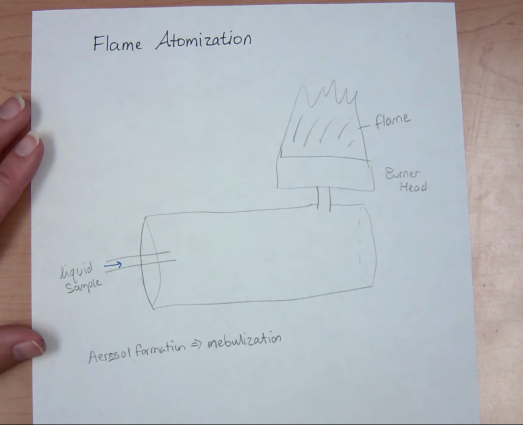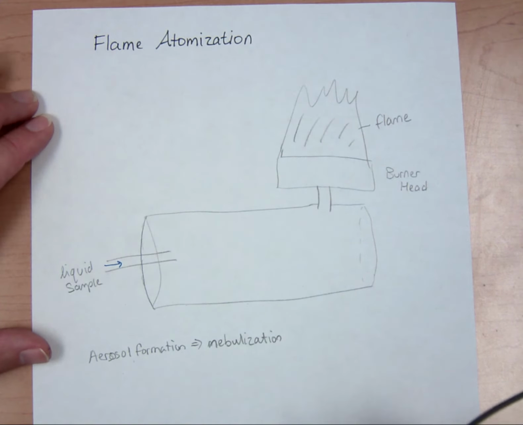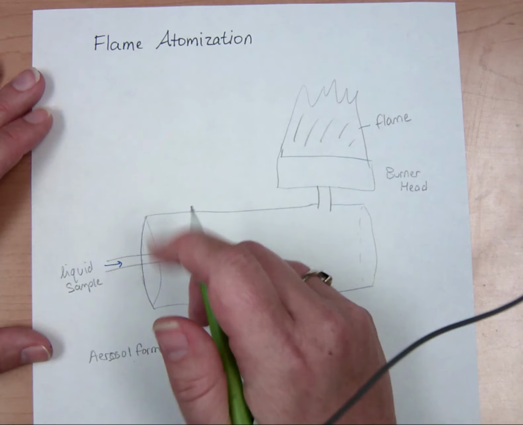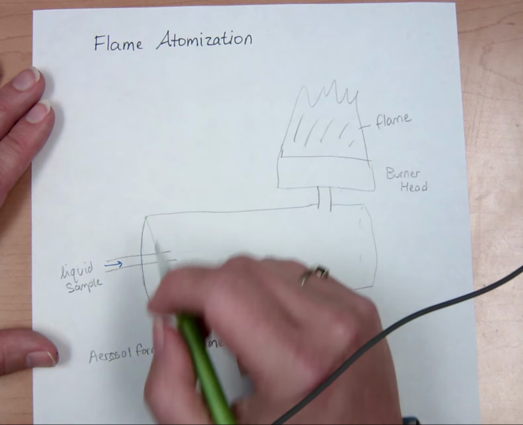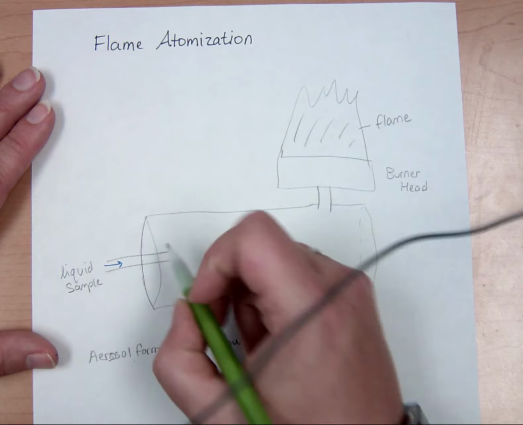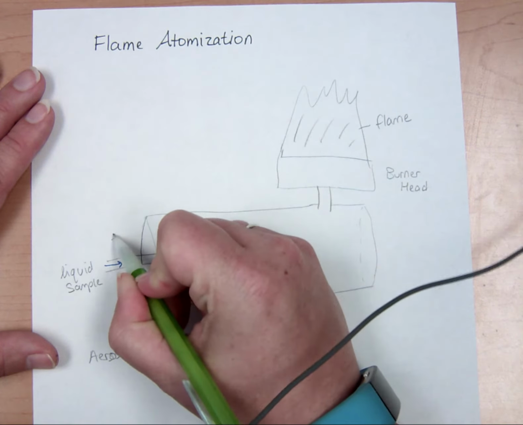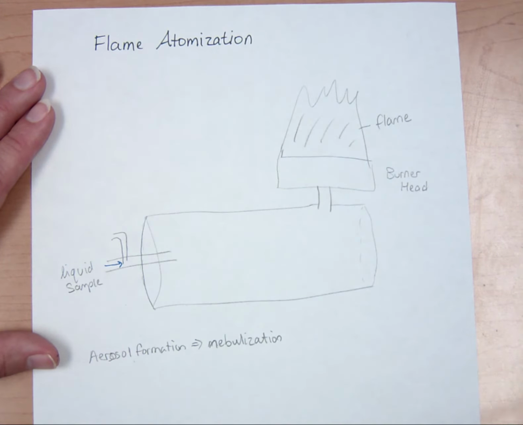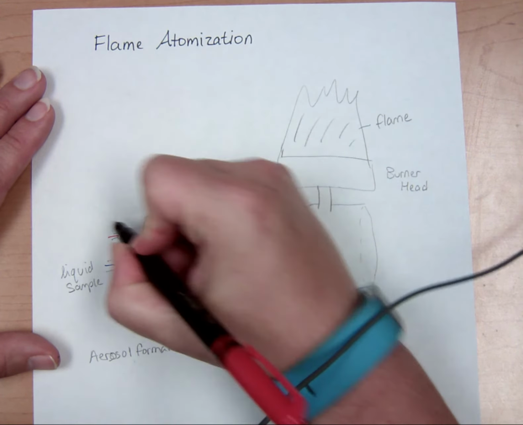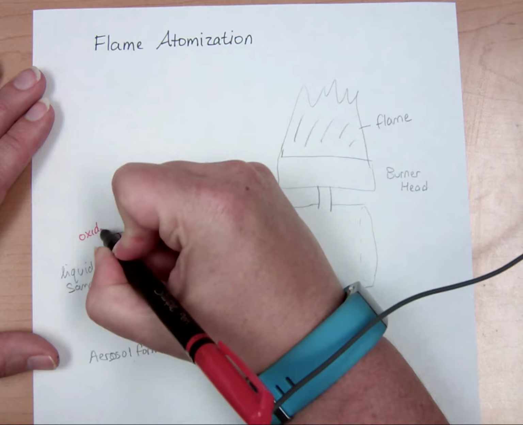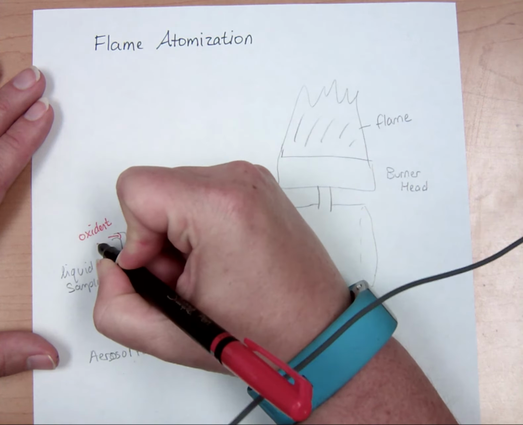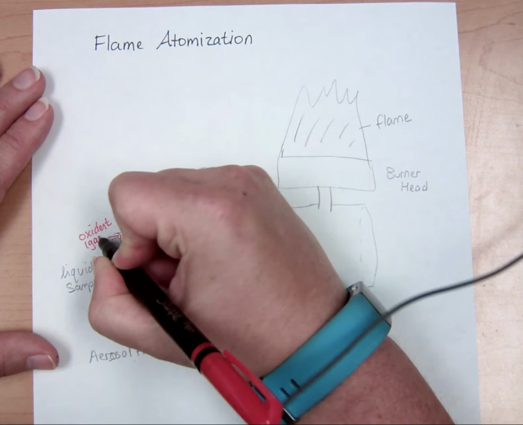So feeding into this liquid sample and right around this, we're actually going to feed some gas into this line with the sample. And here we're going to feed our oxidant. Okay, and this is in the gas phase.